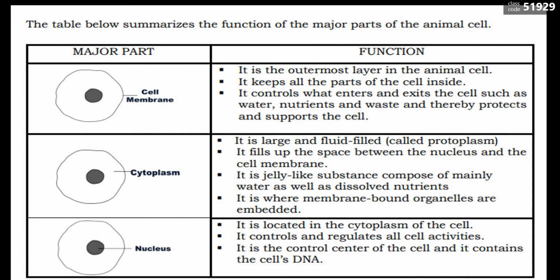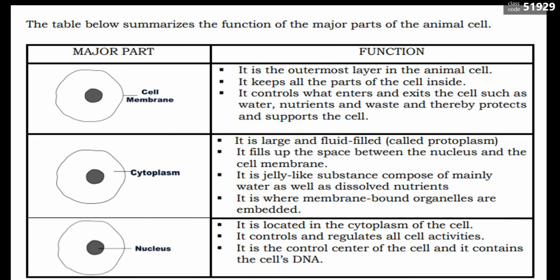The second is cytoplasm. It is the large fluid-filled area called protoplasm. It fills up the space between the nucleus and the cell membrane. It is a jelly-like substance composed mainly of water as well as dissolved nutrients. It is where membrane-bound organelles are embedded.